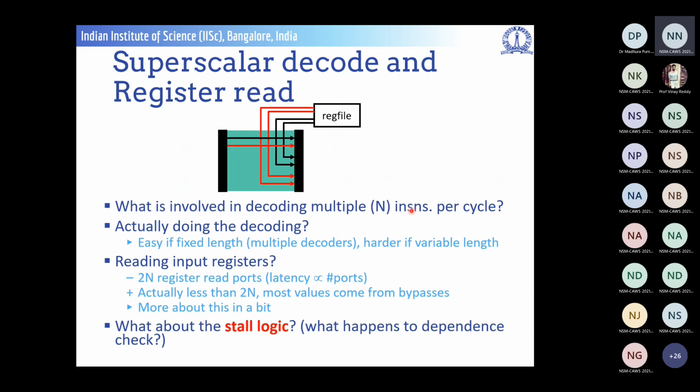For example, the x86 ISA is variable length, while the ARM ISA is more fixed length. So decoding becomes actually harder for x86, particularly in the context of superscalar. So they play a lot of tricks for that, something called micro-op optimization. I will not get into the details, but if somebody wants to know more about it, search for micro-op caches, micro-ops in x86, what they are.